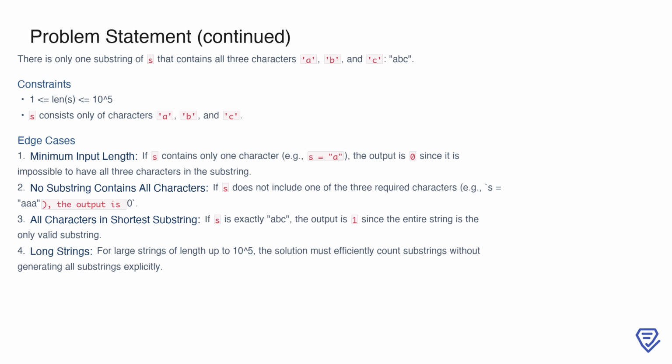If the string is exactly ABC, the output is 1 since it is the only valid substring. For longer strings, the solution must count valid substrings systematically without explicitly generating all possible substrings to avoid performance bottlenecks. These constraints highlight the need for an efficient algorithm to solve the problem within the given limits.